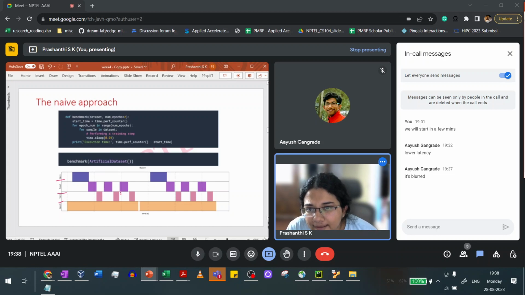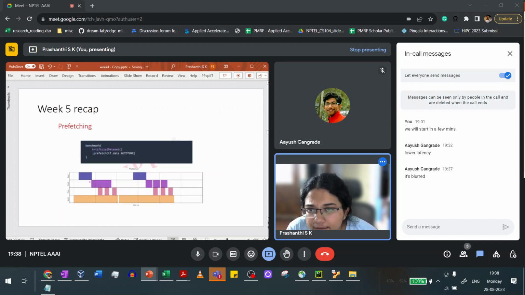Like I said, this compute needs to wait for this read, but there is no reason for this read to wait for the previous compute to finish. You could as well have started this here. You're wasting time by doing this blind, right? So one level of optimization is this, where you do it here, and this is called prefetching, where you fetch the data ahead of time.